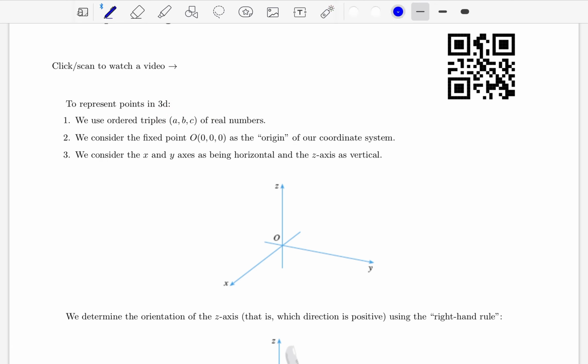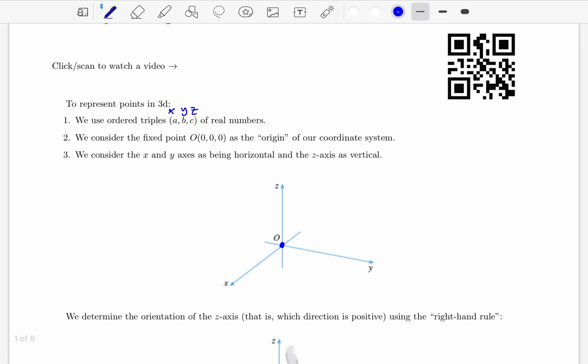It's ordered because the first component represents the x value, the second component will be y, and the third component represents the location in terms of z. We're going to define the point (0, 0, 0), where I am 0 units away from any of the axes, as the origin. In 2D, that would be (0, 0), and in 3D, I'm going to let (0, 0, 0) be the origin.